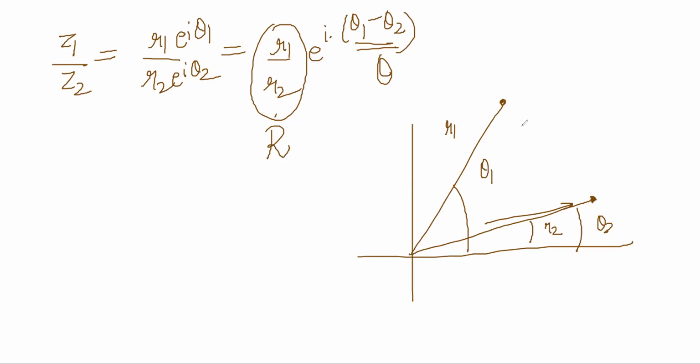Then the new complex number will be at an angle theta 1 minus theta 2, so some reduced angle. And the distance of the complex number is also lower. It will be somewhere here only, because the lengths have to be divided.